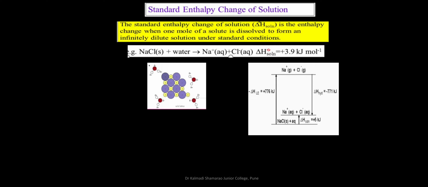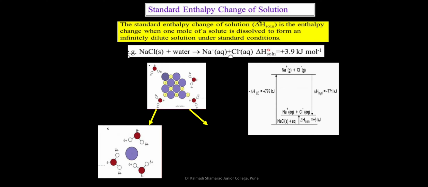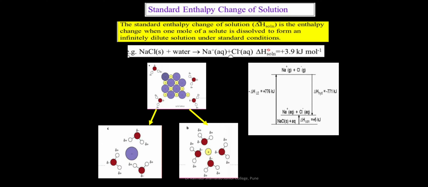Now let us see this with a diagrammatic representation. Initially, the purple and yellow balls are the sodium and chloride ions, and this sodium chloride is surrounded with water. After some time, the sodium chloride breaks down into sodium ions and chloride ions, which are in the gaseous state.